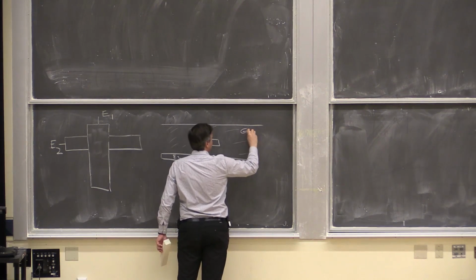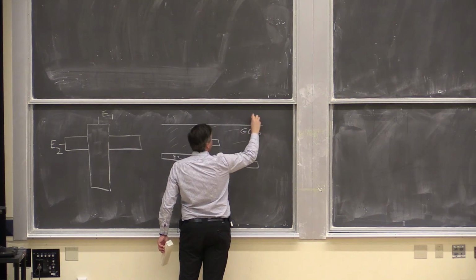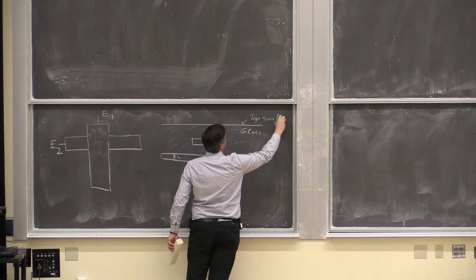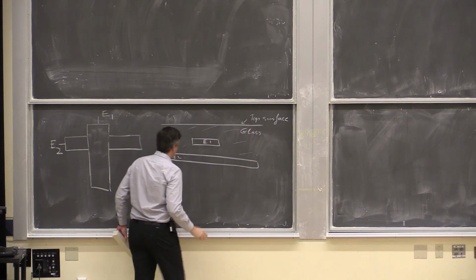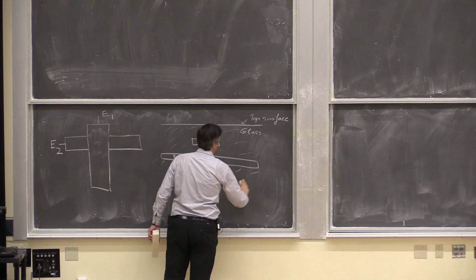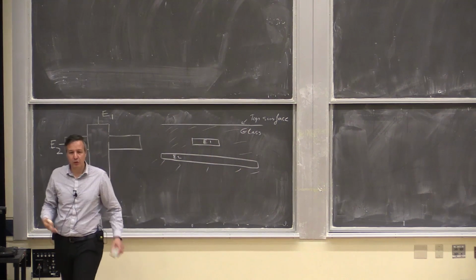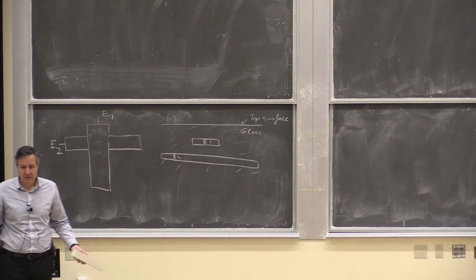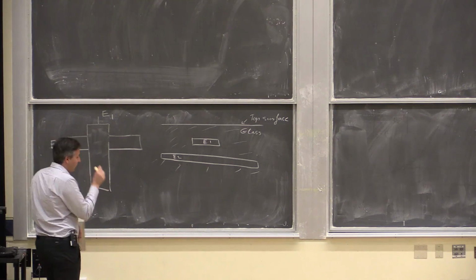So this is glass. This is the top surface. Electrodes E1 and E2 are just pieces of metal, right? Metal wires, or little metal sheets.